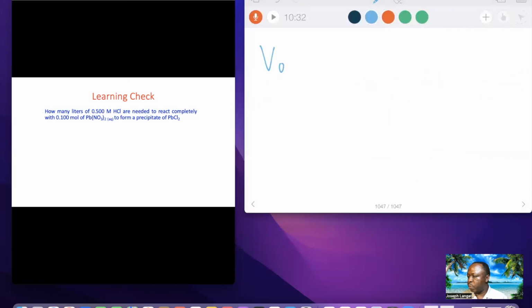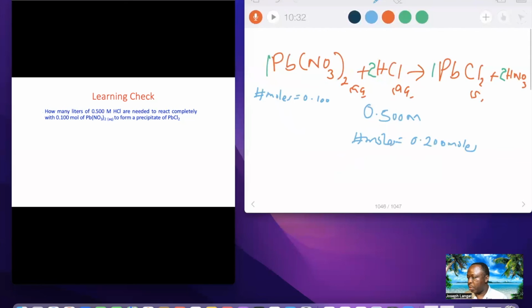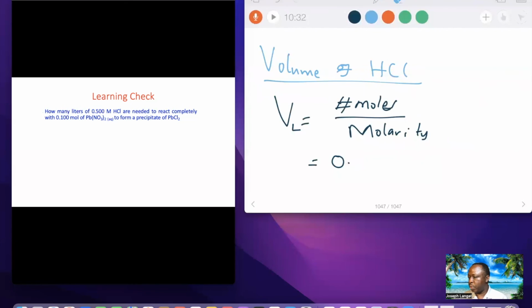So volume of HCl needed. Volume in liters is given by number of moles over molarity, which is given by 0.2 moles of HCl over 0.500 moles per liter.